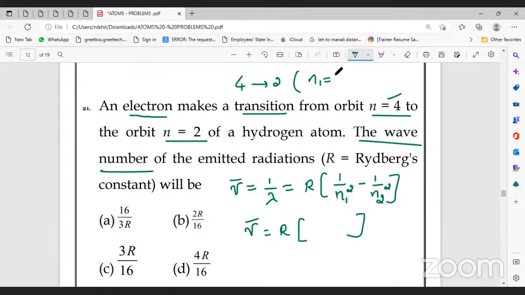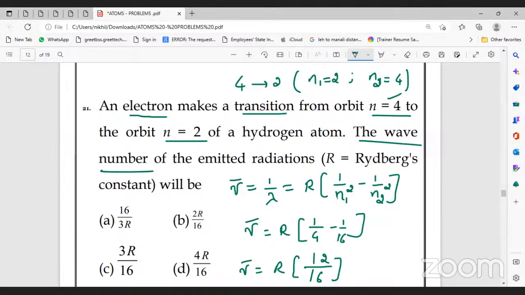This tells the lower orbit is 2, higher orbit is 4. So what is 1 by n1 squared? 1 by 4. n2 squared is 1 by 16. So what is the LCM? 16 is the LCM. It becomes 16 minus 4, that is 12.